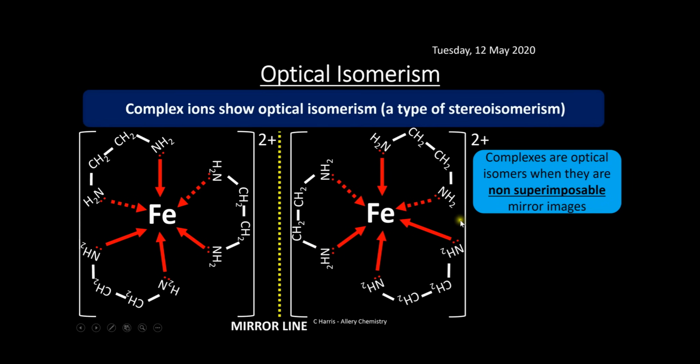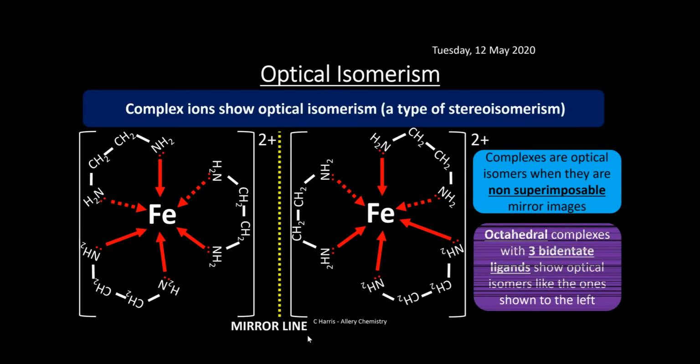Notice we can only fit 3 of these because they're quite big. These complexes are mirror images of each other, so they can't be superimposed over each other, and we have a mirror line down here showing the non-superimposable mirror images. So octahedral complexes with 3 bidentate ligands show optical isomers, like we've seen on the left there.